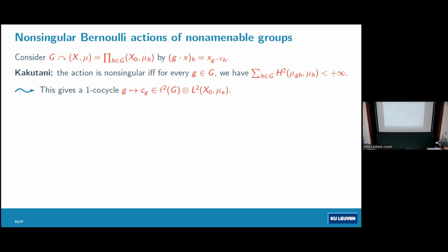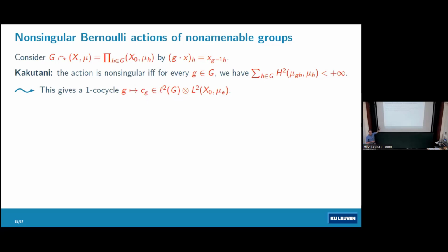Again, there is the Kakutani criterion for non-singularity. It remains the same. The action is non-singular if and only if, for every fixed element in your group, the distance between mu of gh and mu h is square summable, if we take again this Hellinger distance.